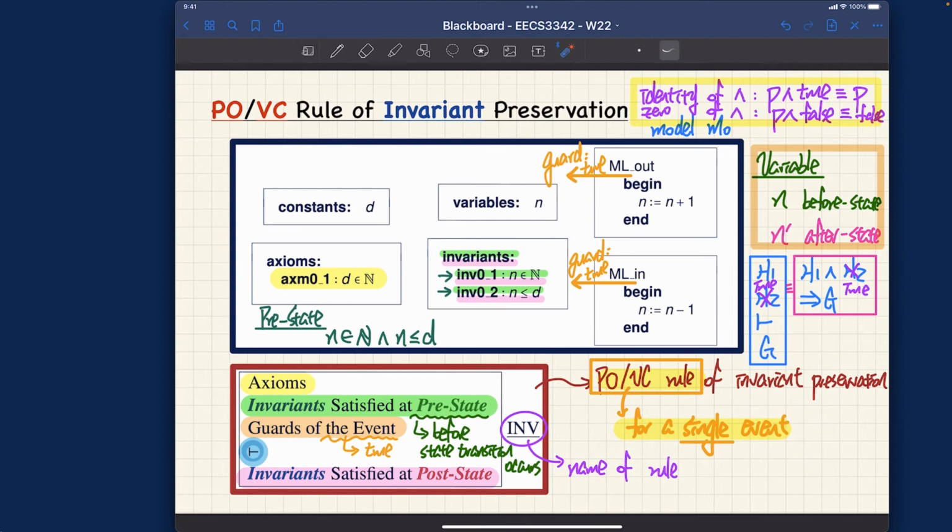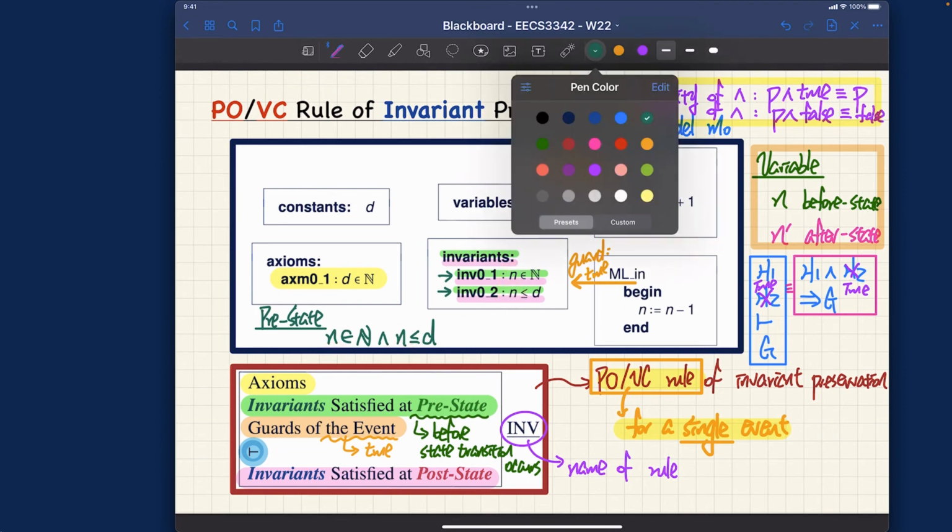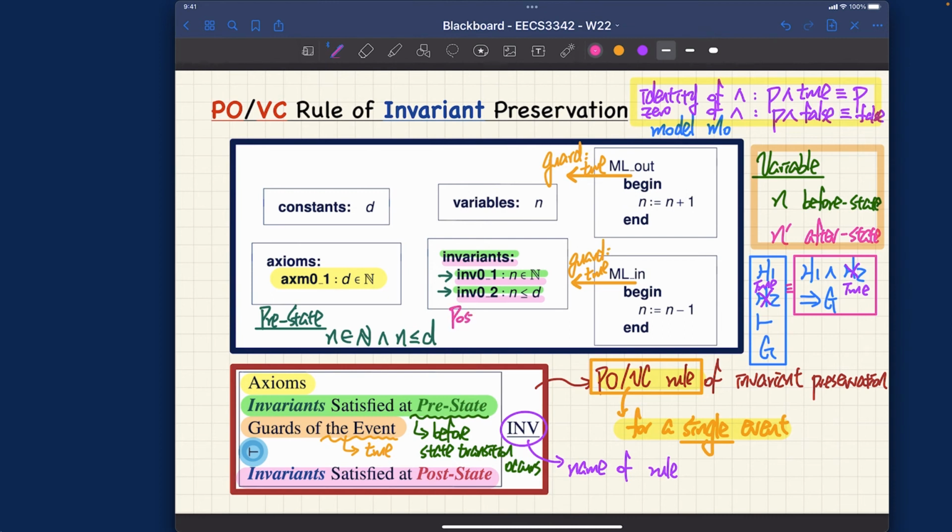You can see here we got this and this. Both are using the pre-state value of the variable n, the two invariants. What about in the post states, or the after states? What we should really remember to have is the before-after predicates, right? You want to think about what's the before-after predicates over here.